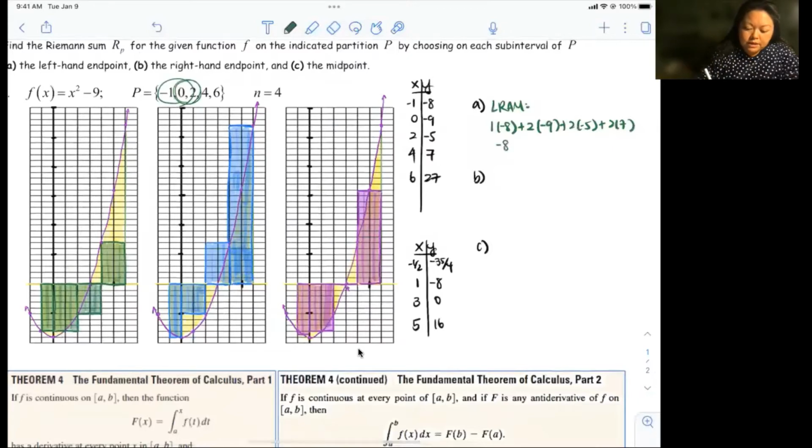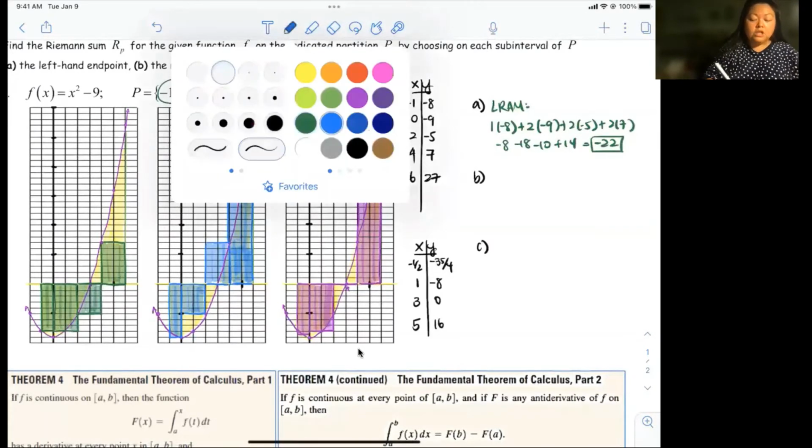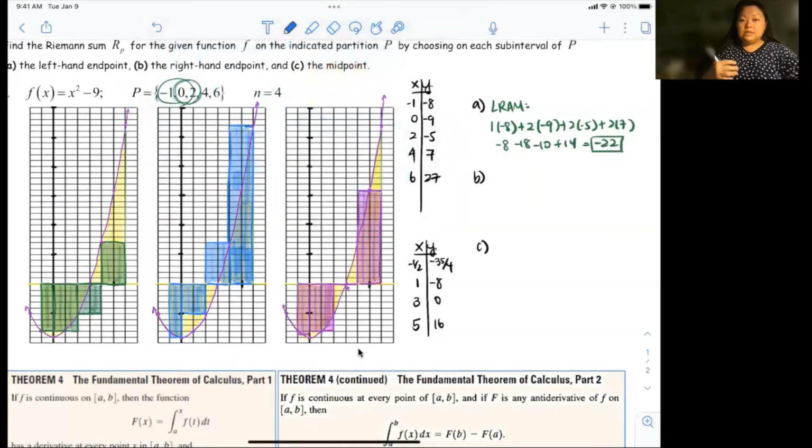So -8 minus 18 minus 10 plus 14. All right, this is going to be really lazy. Grab out my calculator and figure this out. I get a total of -22. Remember, -22 doesn't mean it's negative area. It just means that the area is below the x-axis, or mostly below the x-axis.